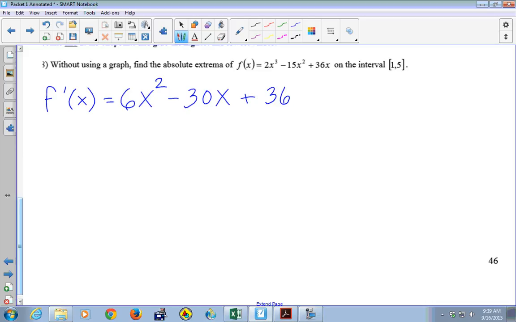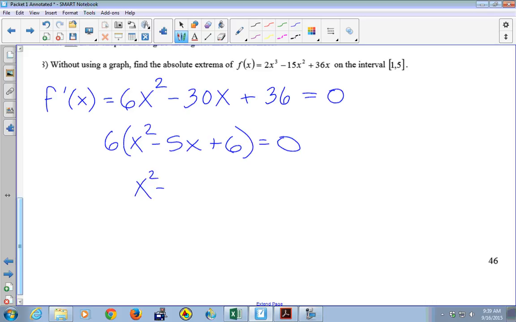Is there any place where this thing is undefined? Any x value you can't plug in or the world will explode? No, quadratics are defined on all real numbers. So it's never undefined. So what I need to do is find out when it equals 0. I can factor a 6 out, so I could divide both sides by 6 and get rid of it.